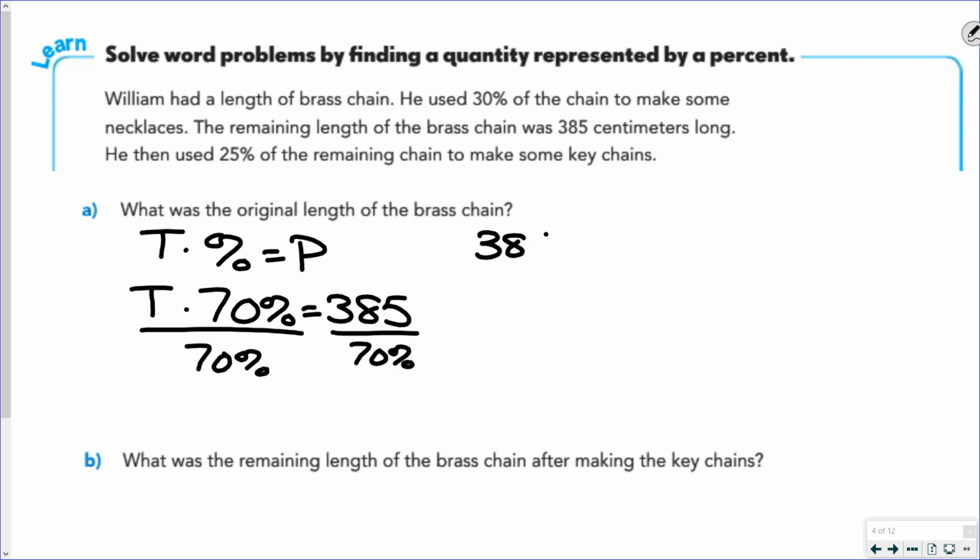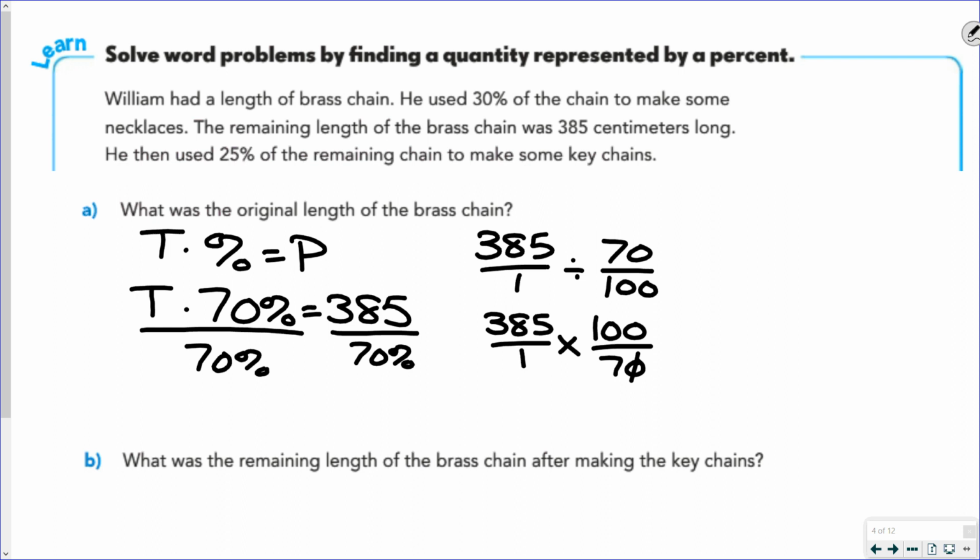That would be 385 divided by 70 over 100. Keep, times, turn. Seven becomes 1. 385 becomes 55. 55 times 10 is 550 centimeters.